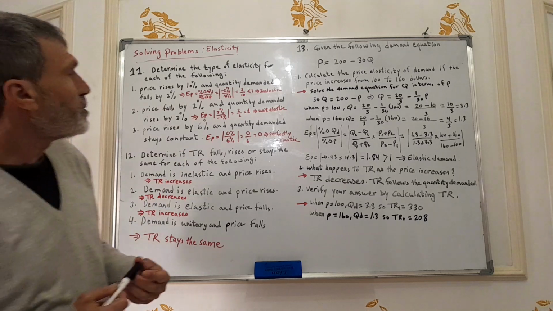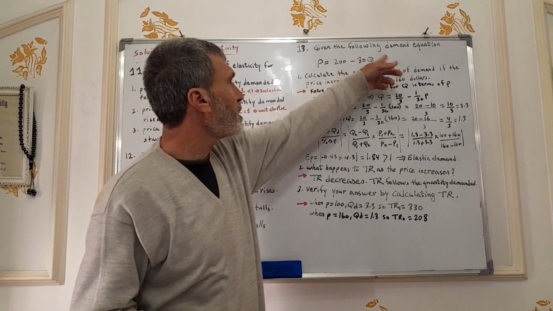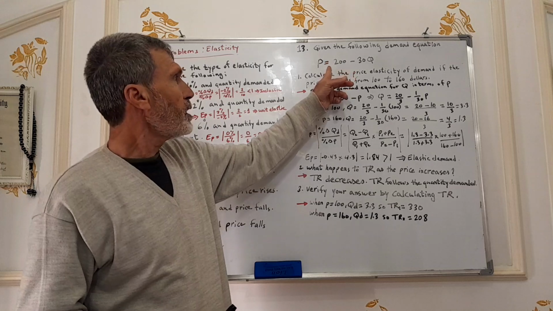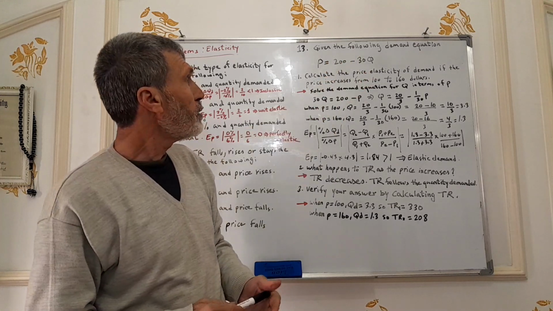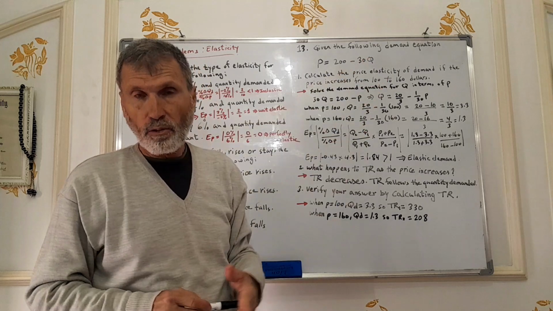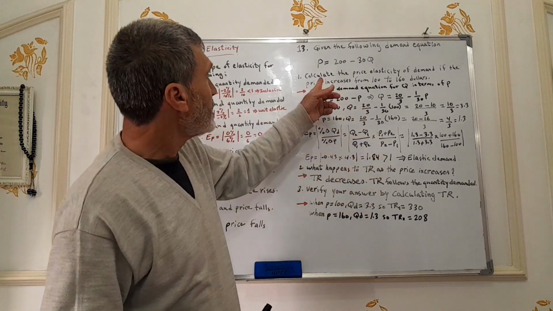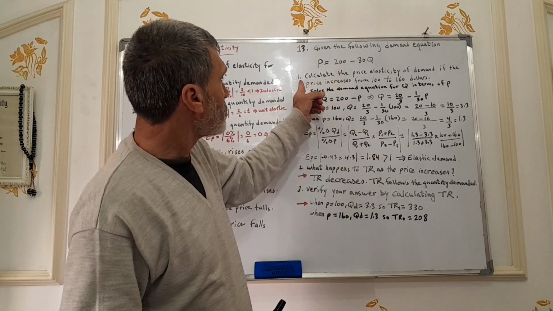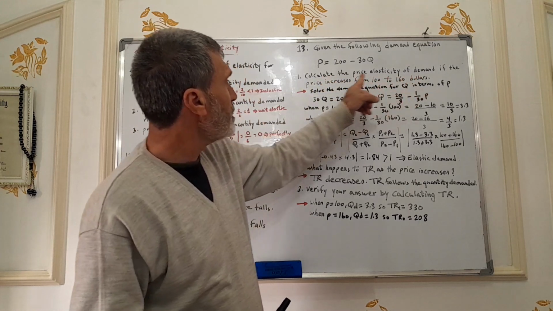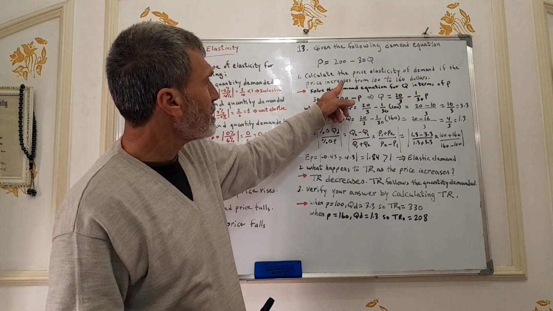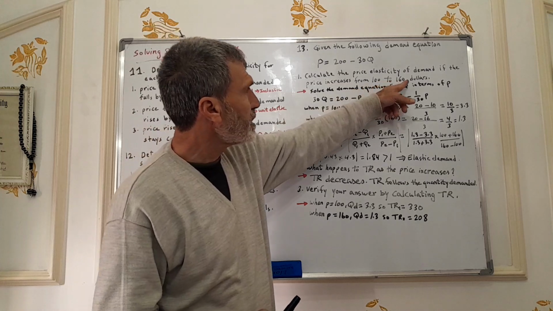Problem 13 says, given the following demand equation, P is equal to 200 minus 30Q, where P is the price and Q is the quantity demanded. Now, part 1 of the question: calculate the price elasticity of demand if the price increases from $100 to $160.